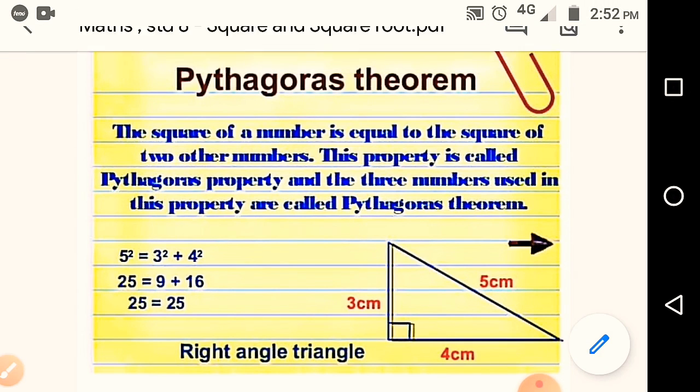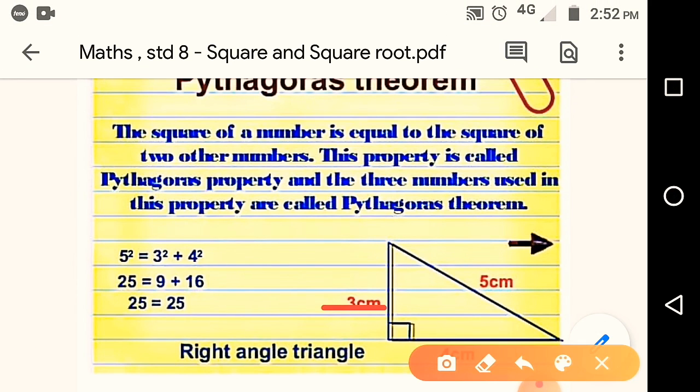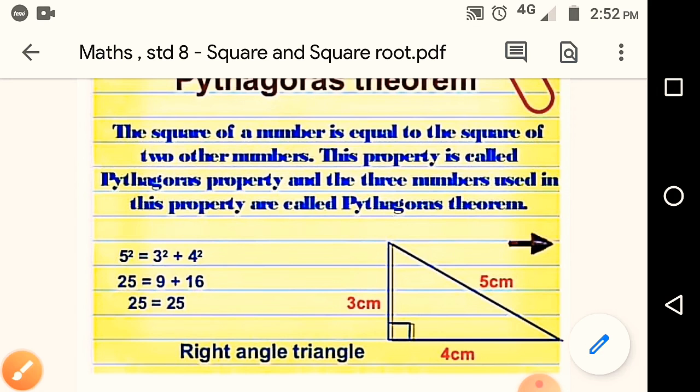This is the example. This property is called Pythagoras property, and the three numbers used in this property are called Pythagorean triplets. Here 3 is given, 5 is given, and 4 is given. The base is 4, this is 3 and this is 5.